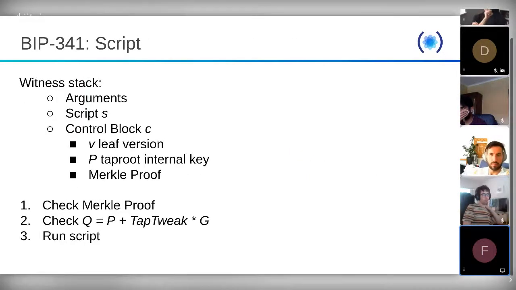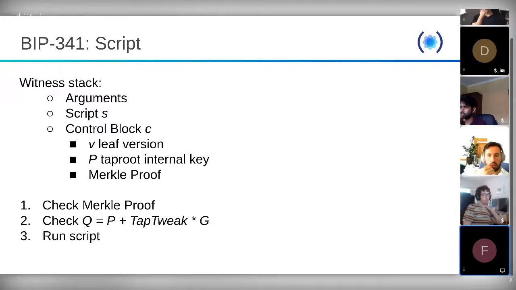Yeah. With this control block C, can you always just pass in one script, or can you pass in multiple scripts to validate? No, you pass one script, which is the script you're going to use to spend. Okay. And do you know the size of this witness stack compared to the old witness stack?